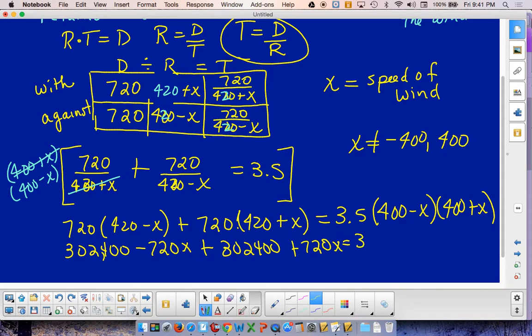Yes, I have to FOIL that. Now notice that's conjugates, so I get to shortcut by taking, once again, 420 times 420 here, in which case that makes that 176,400 minus x squared.